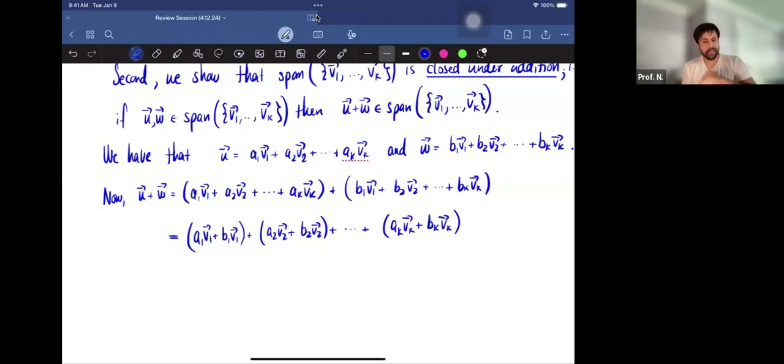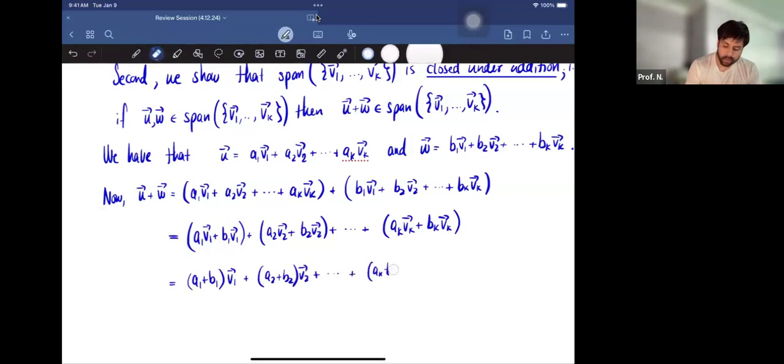So all I did was rewrite what was written on top, and now I reassociated them. And then by the distributive property, what can I say? A1 plus B1 times V1 plus A2 plus B2 times V2 plus dot dot dot AK plus BK VK.